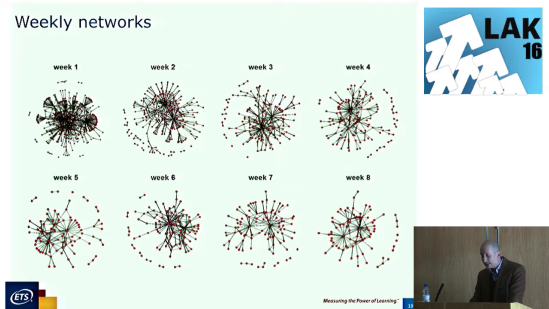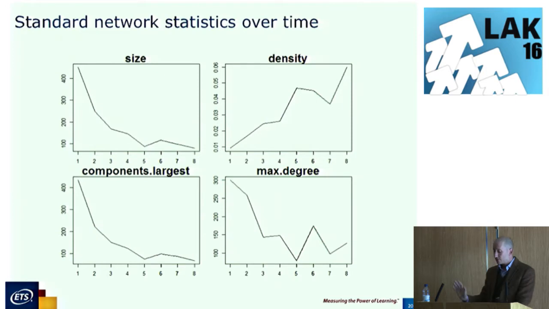I said you've probably seen these. The point is that one thing that's obvious is the network gets smaller as the course goes on because of attrition. So you can see some very gross network statistics over time. The size of the network gets smaller, the density of it gets higher. I'm not going to concentrate that much on this.